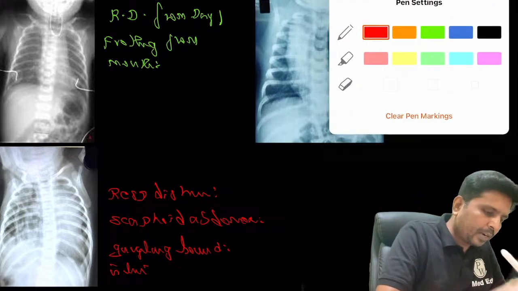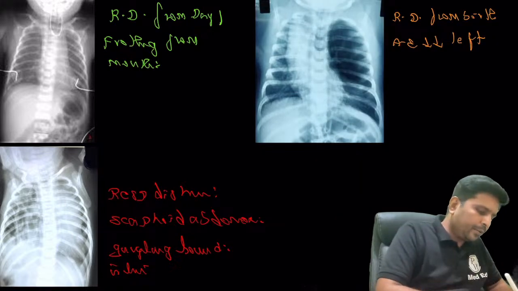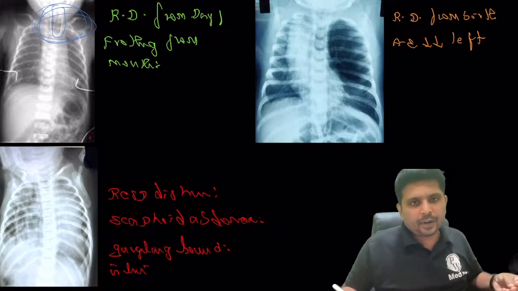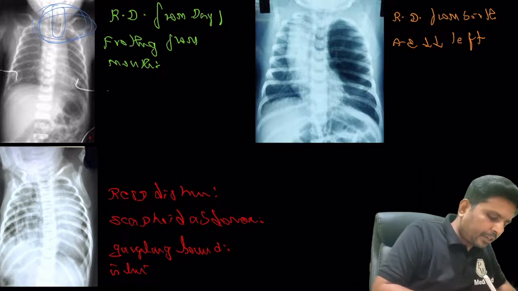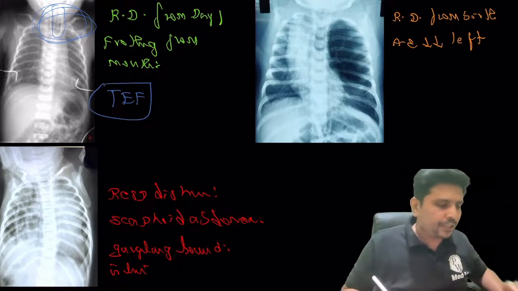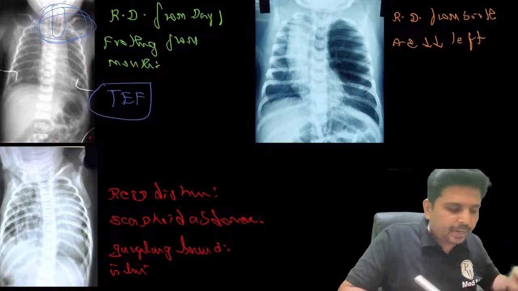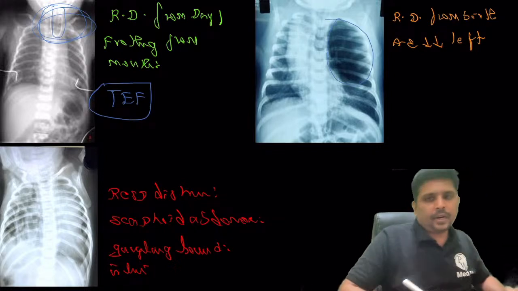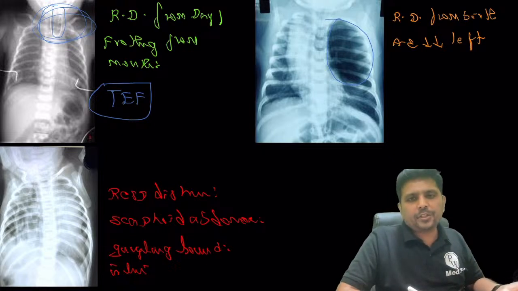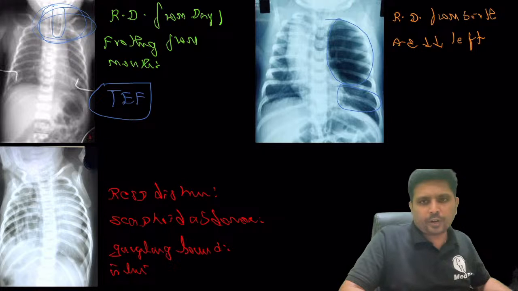The first one, you could see coiling of the NG tube. So this is tracheoesophageal fistula. Newborn respiratory distress, look for coiling of the NG tube. The second case, there is emphysematous lung on the left side and the mediastinum is pushed to the right side, and there is collapsed lung on the left lower hemithorax.